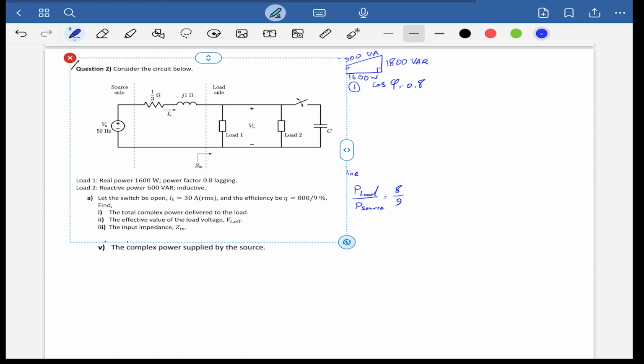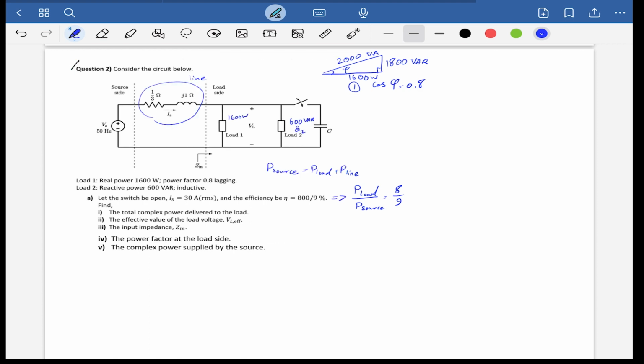And P line can be calculated as IRMS, which is 30 squared, then it will be 900 times 1/3, which will be 300. So P line will be 300 watts.